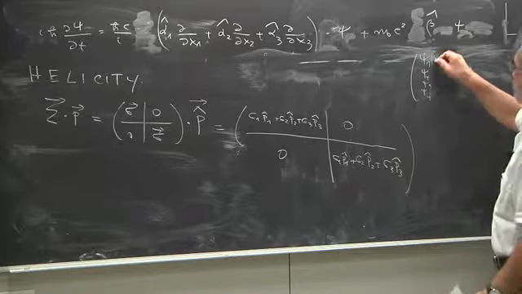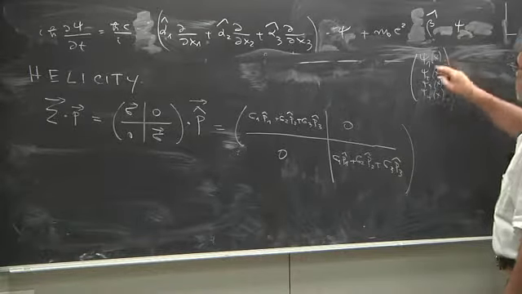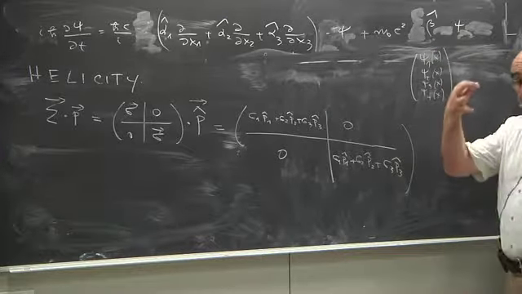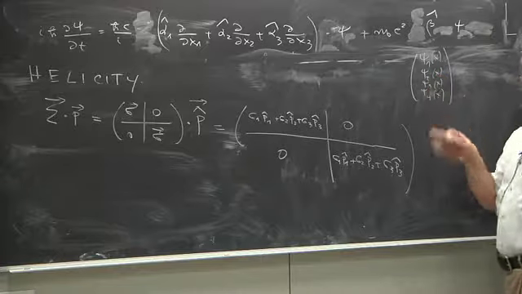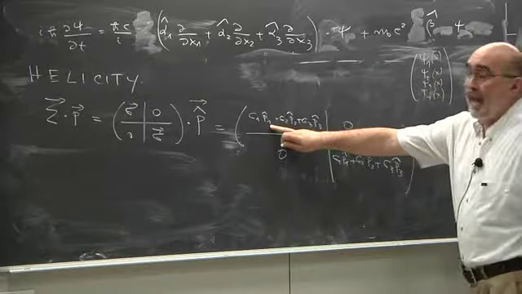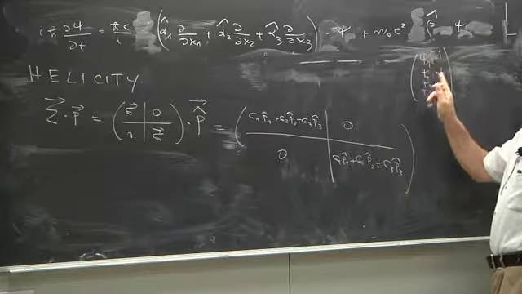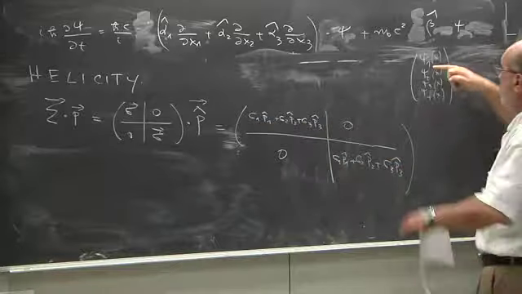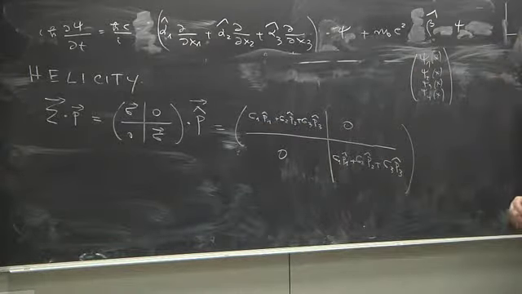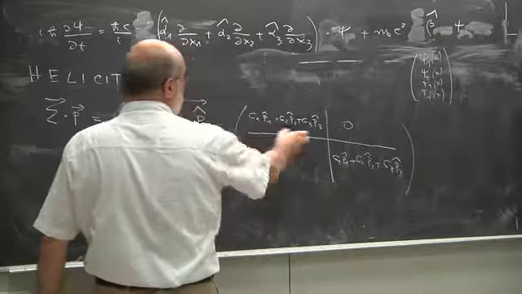There is the Hilbert space, and each component is an element of a Hilbert space, but there are 4 of them, so I'm like doing the tensor product of 4 Hilbert spaces. P acts on the Hilbert space component, and then sigma acts on this other component and mixes one with the other. So remember that.